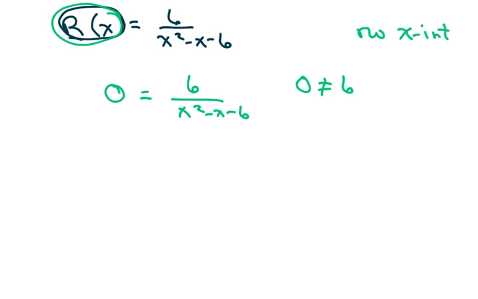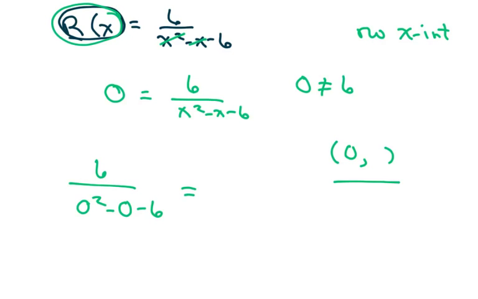For your y-intercept, that's when x is 0. So basically, you get 6 over 0 squared minus 0 minus 6. That's going to leave 6 over negative 6, which equals negative 1. So there's no x-intercept, and we have a y-intercept at (0, negative 1).